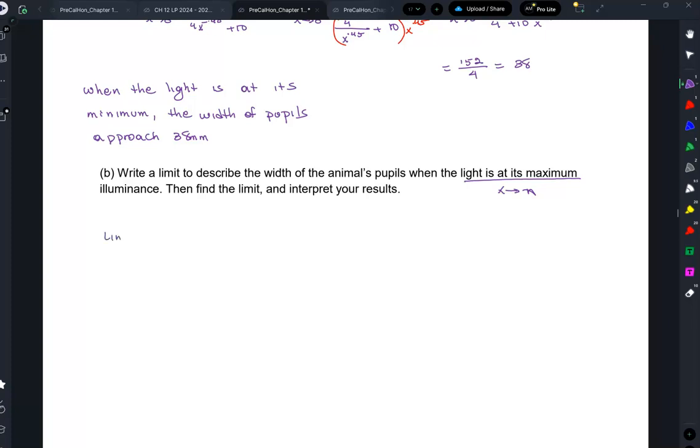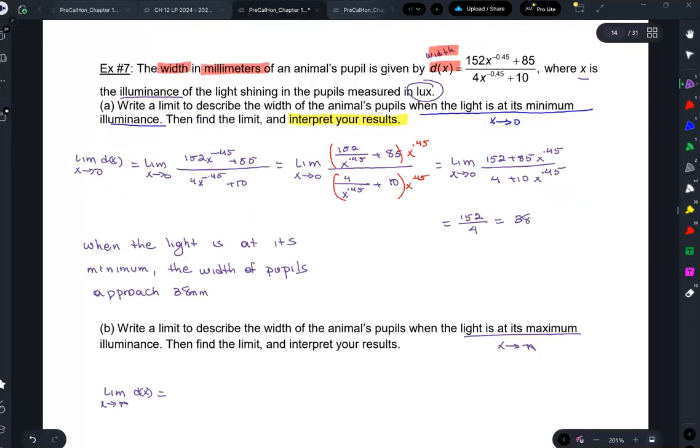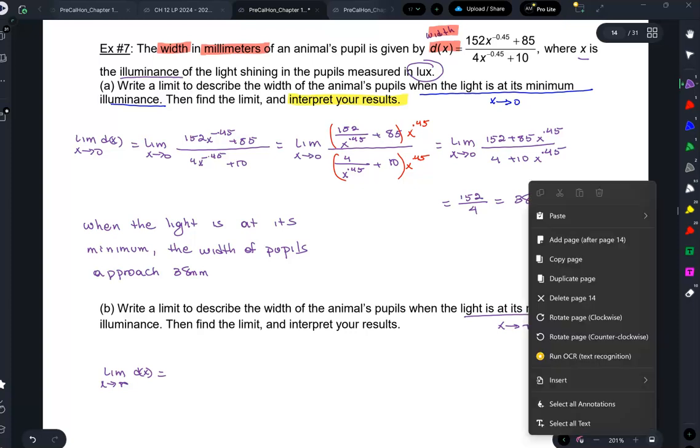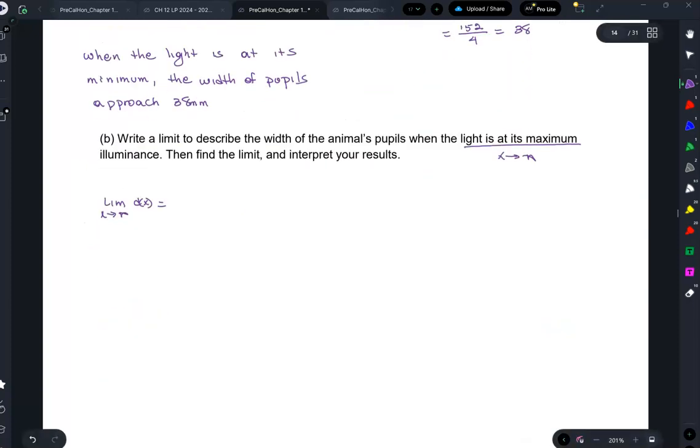So now this is going to be the limit as x approaches infinity of d of x. Now look, I already simplified this function, so we're just going to use the simplified version. We're not going to reinvent the wheel here. So this is the limit as x approaches infinity of 152 plus 85 x to the 0.45, over 4 plus 10 x to the 0.45.